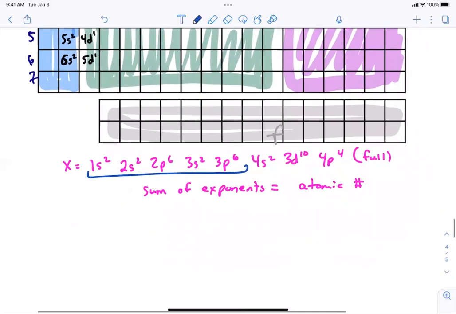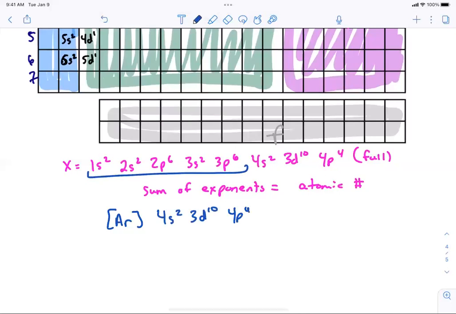In this case, that's argon. 1s2, 2s2, 2p6, 3s2, 3p6 is argon. And then the rest of it is 4s2, 3d10, 4p4. And that's noble gas configuration.